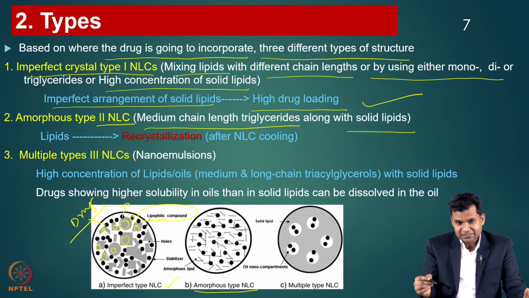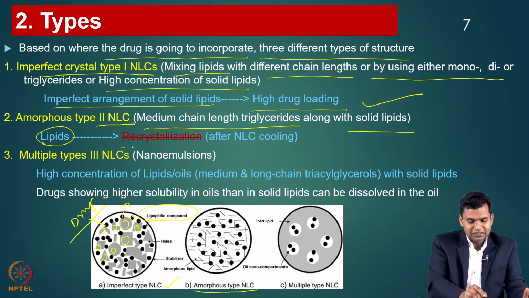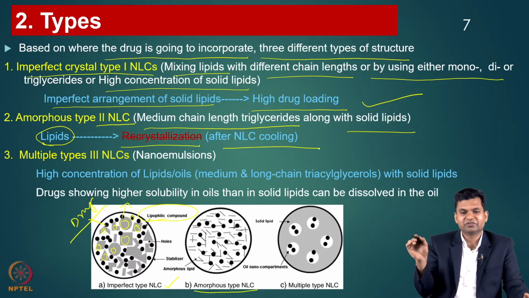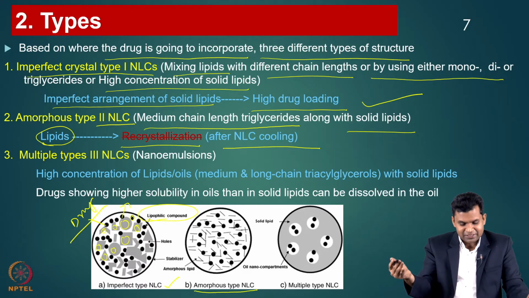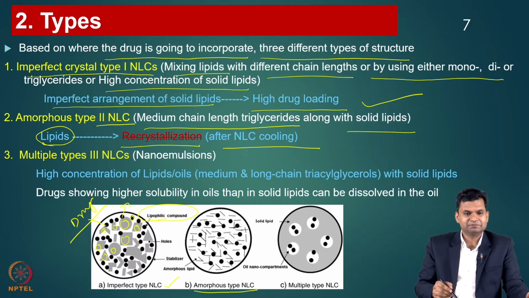Whatever lipids we use, they will not recrystallize after cooling of your finished product. Now, if it is not converting to crystals, then obviously it will convert into the amorphous form. There is no crystalline formation because these oils or lipids have a property which will not undergo recrystallization, which are called type 2.